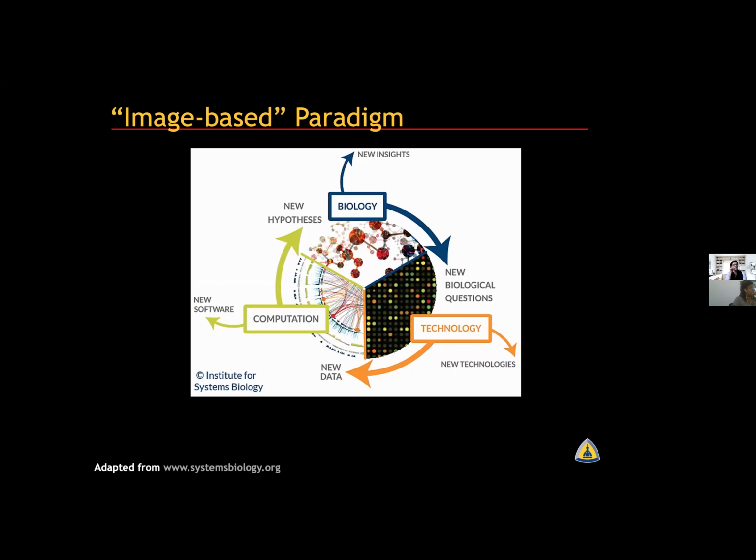So in our lab, we have employed what's called an image-based paradigm to look at disease or answer really critical questions about the underlying biology. This schematic shows what I mean by this image-based paradigm. The idea is to gain new insights into the underlying biology, and we do that in cancer, neuroscience, and tissue engineering domains. And the idea is to be able to answer new biological questions. The way we do that is by developing or harnessing technology.